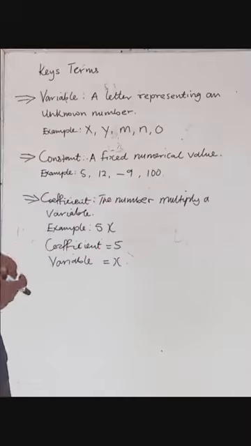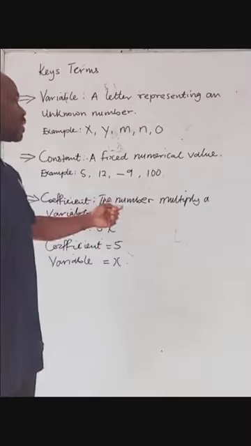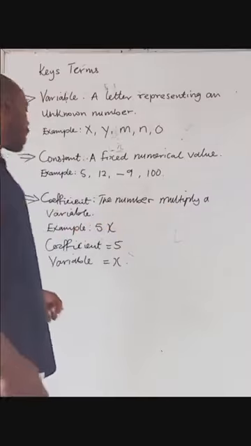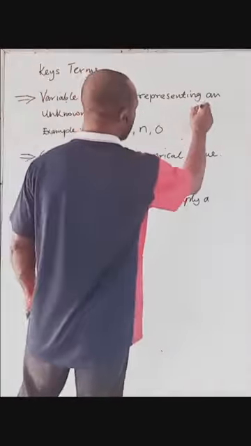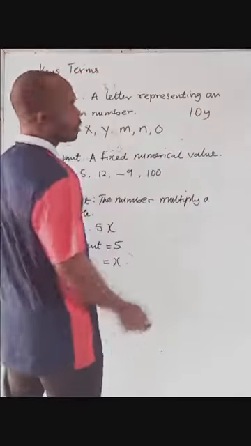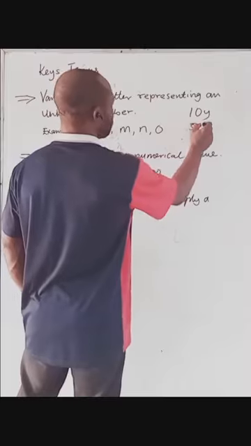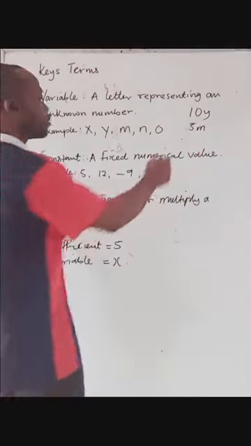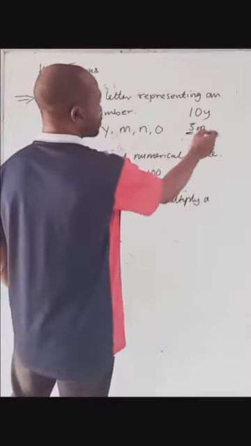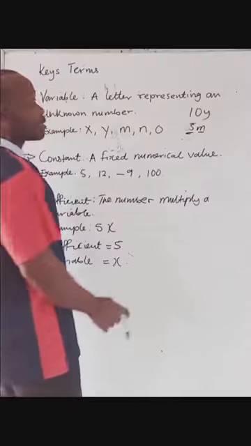Then a coefficient. A coefficient is the number that multiplies a variable. So when you have something like 10y or 5m, this number that multiplies this letter is called a coefficient.